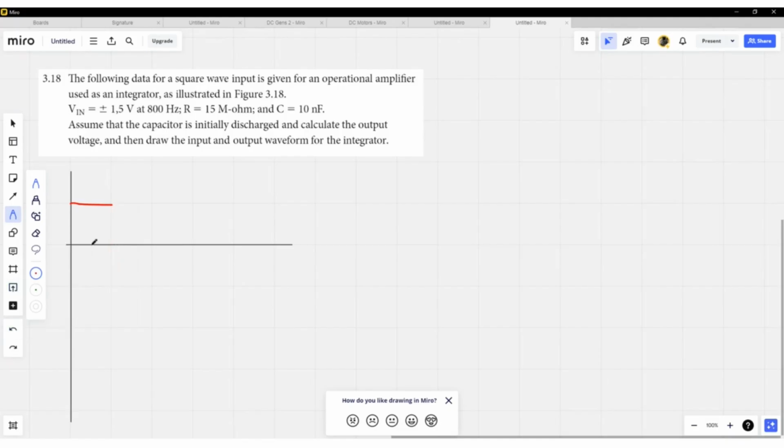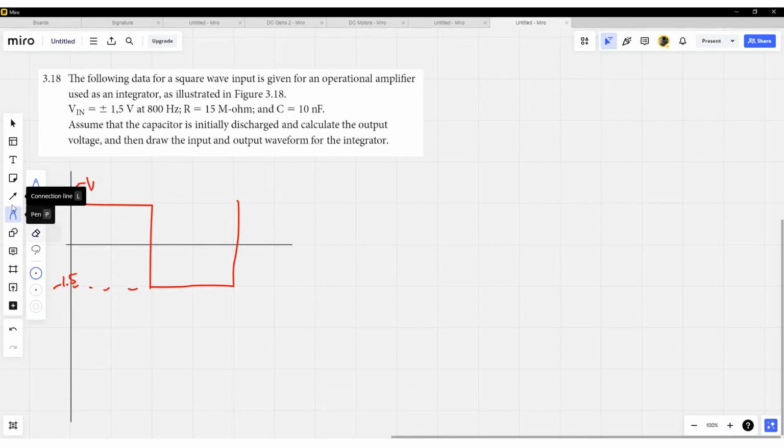Let me make this bigger. For some reason my tablet dies because I used my mouse. So that's plus 1.5 volts there, and that's going to be minus 1.5 volts.